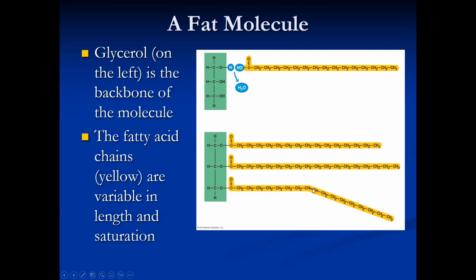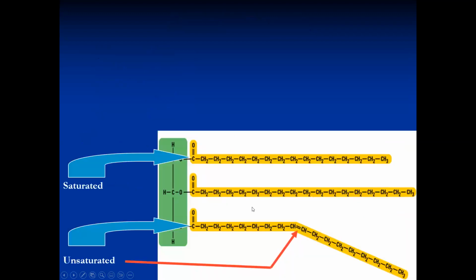Now, when you put a double bond in there, it doesn't leave room for those 2 hydrogens on either side. So this is called an unsaturated fatty acid because you had to remove 2 hydrogens to make this double bond. You may have also heard the term polyunsaturated fat. If there's lots of double bonds throughout, it's called polyunsaturated. Those are good because they're less likely to lead to heart disease and death.